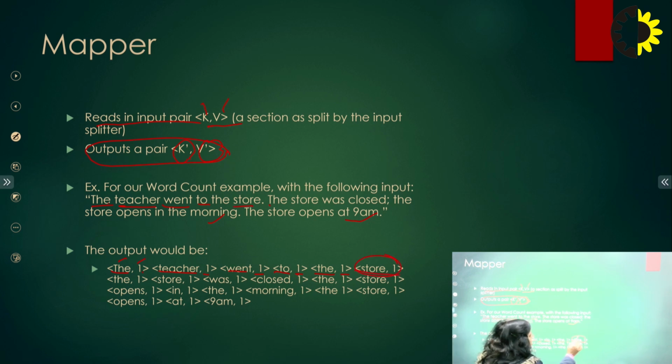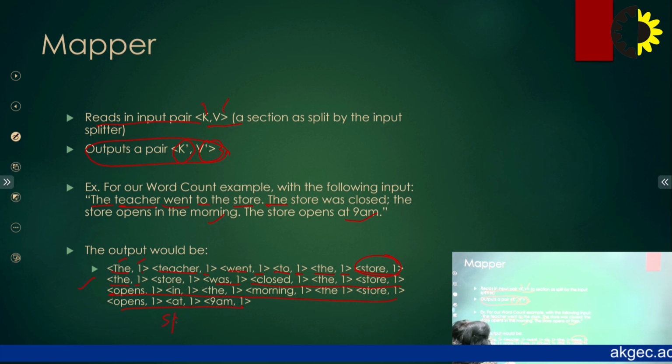Initially we do not consider how many times a word occurs; we count the words one by one. Here the comes again, and we write it here as 1, store 1, was 1. The whole sentence is processed similarly. This is the task of the splitter.